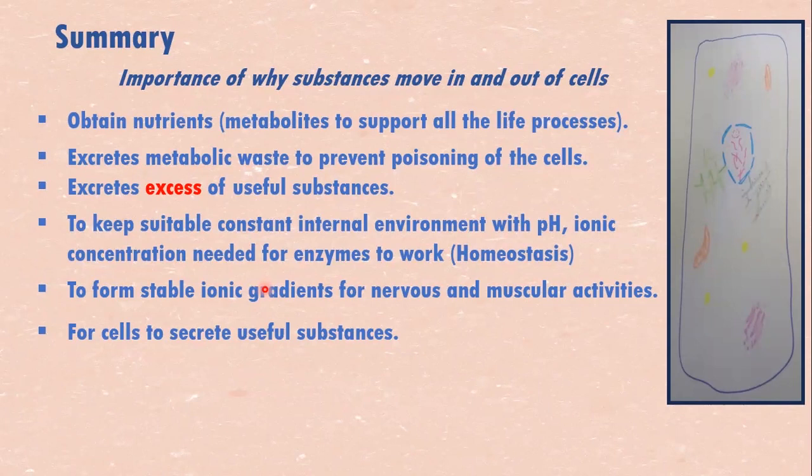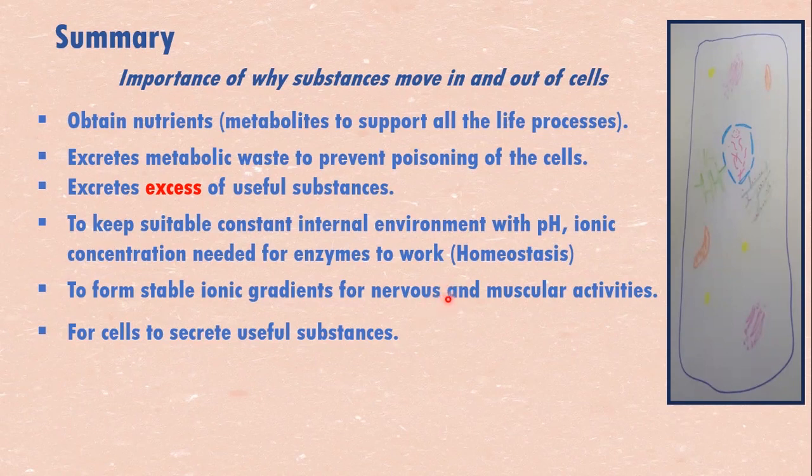We also need to form stable ionic gradients for nervous and muscular contraction. What this means is that a muscle cannot contract on its own. It's the ions that build up across the muscle that cause the muscle to contract.